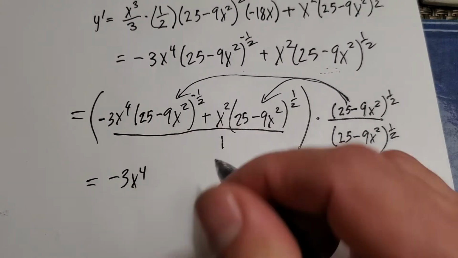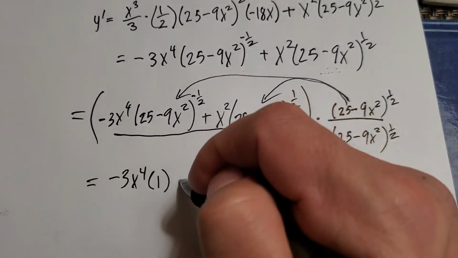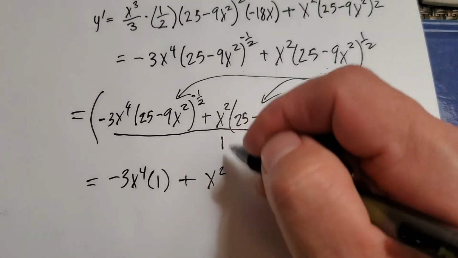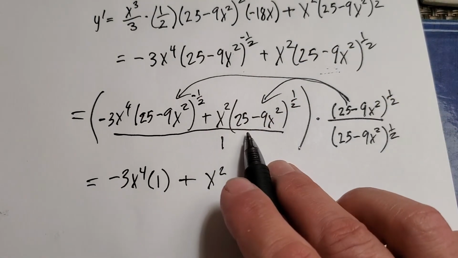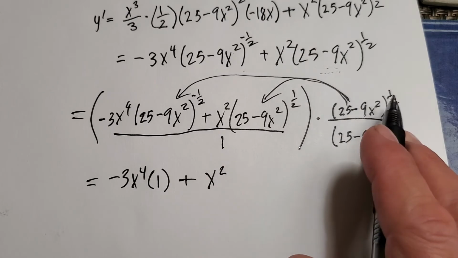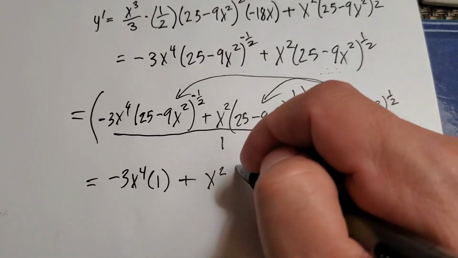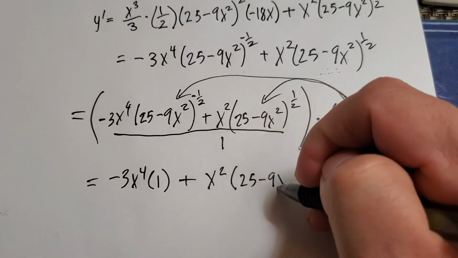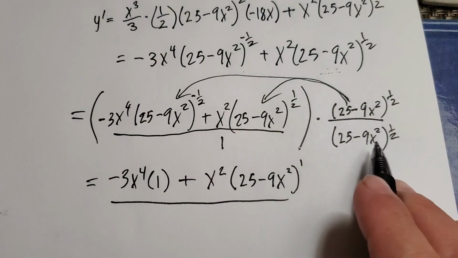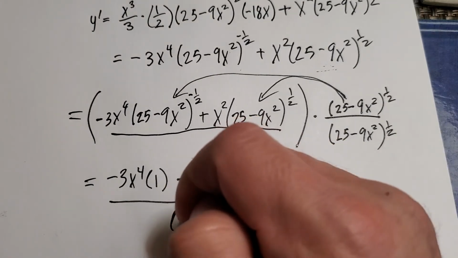Anything to the 0 power is just 1, plus x squared times, well, when I multiply 25 minus 9x squared to the 1/2 times 25 minus 9x squared to the 1/2, again we add exponents. 1/2 plus 1/2 is 1. So that's what we end up with. And then we multiply this denominator times 1 down here.